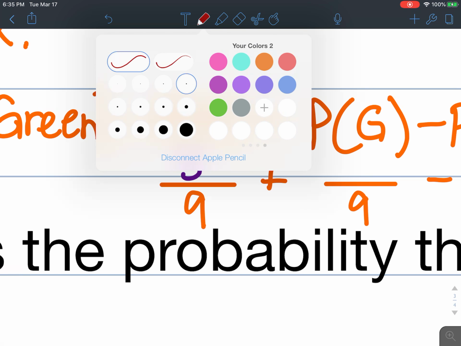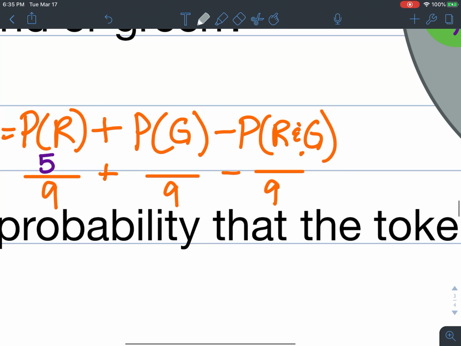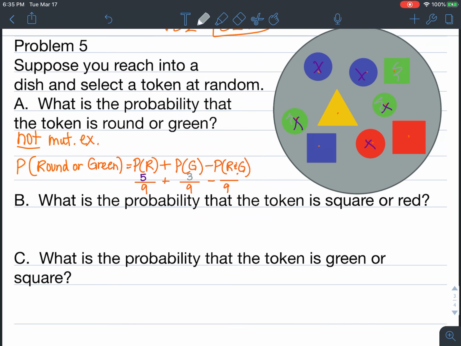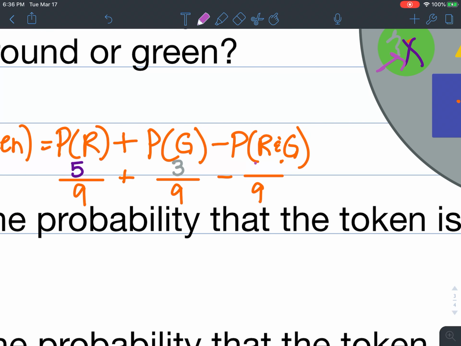What's the probability of being green? 1, 2, 3. So 3 out of 9. And what's the probability of being round and green? Oh, I chose the one color I already used. 2 out of 9. So now you can combine this to get the true probability of being round or green. And that will be 6/9, which is equal to 2/3.